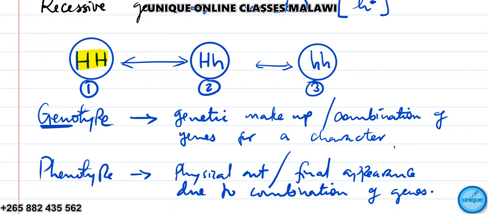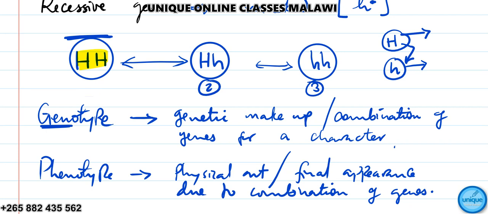For instance, say capital H represents tallness and small h represents shortness, and this gene is dominant over this one. The zygote that will be pure tall will be tall because it is a combination of dominant genes only.